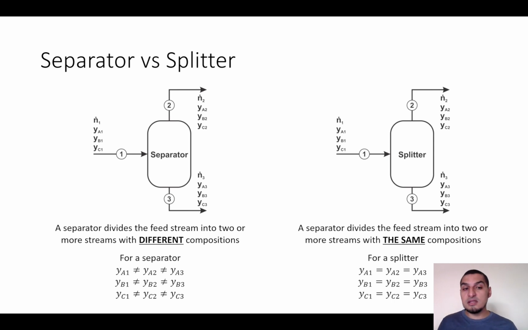So this is the very big difference between the separator and the splitter. And according to this, we will have to take into account that we have similar compositions when we do the degrees of freedom analysis and when we do the mass balance calculations. And this is what we are going to discuss in the coming slides.